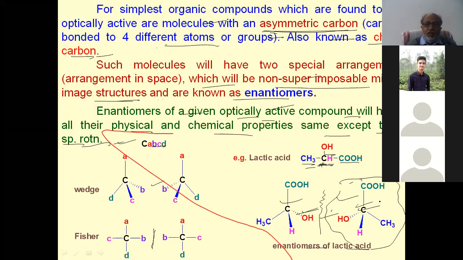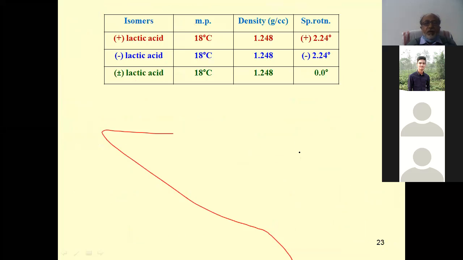Now what is found? The physical properties are all the same except their specific rotation. For lactic acid, we have one that is plus lactic acid and another that is minus lactic acid. Its melting point is 18, density 1.248, and specific rotation is 2.24 degrees plus, because it is dextro.